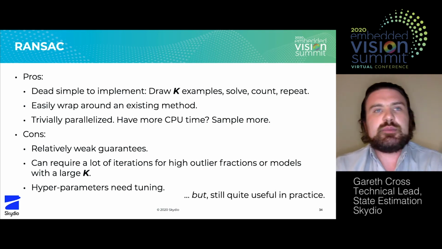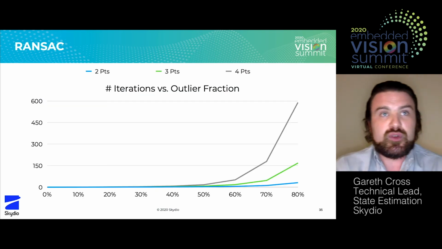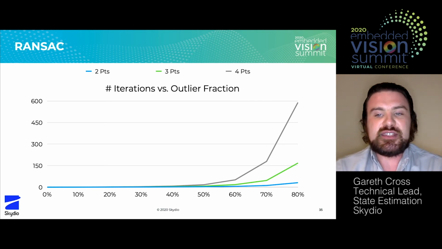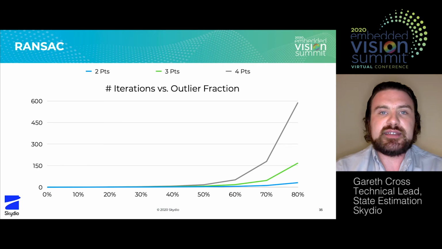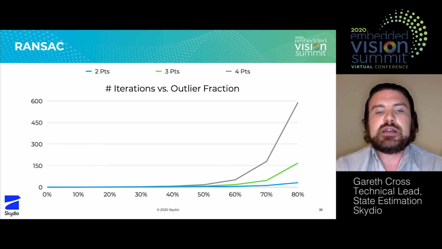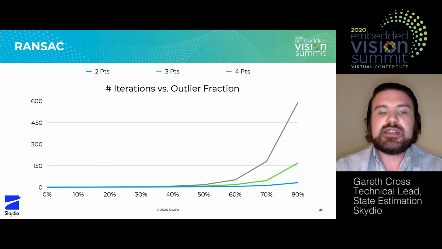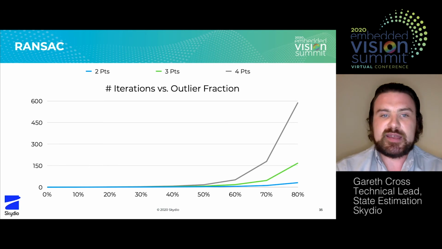To illustrate the point about how it sometimes scales poorly, what we've plotted here is the number of iterations you would need to draw samples before you find a set free of outliers. We've plotted that for several different fractions of outliers along the x-axis, and on the y-axis, you can see the number of iterations that were required. There are 3 different traces for 3 different example problems that each require 2, 3, and 4 points, respectively.